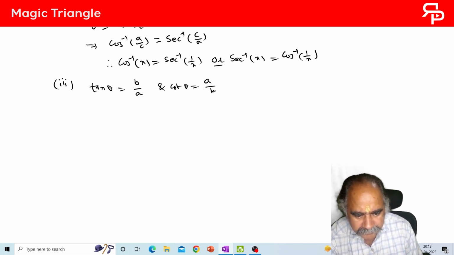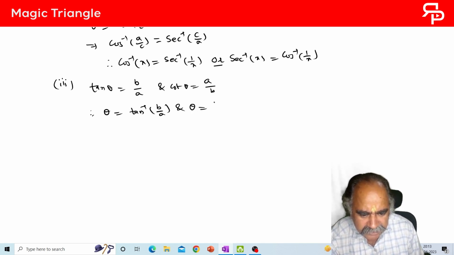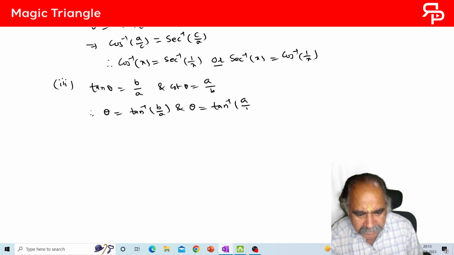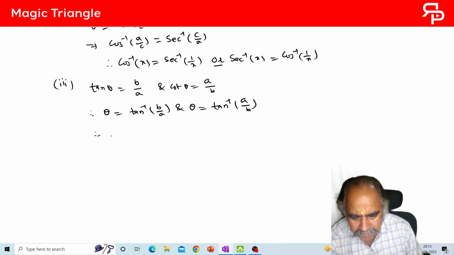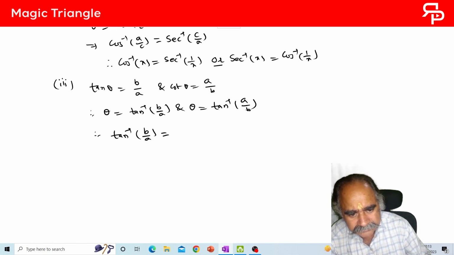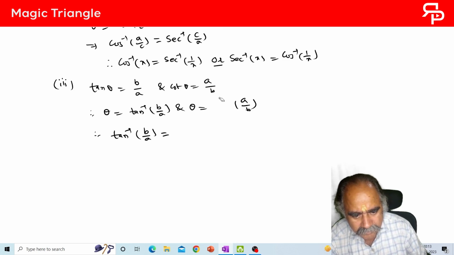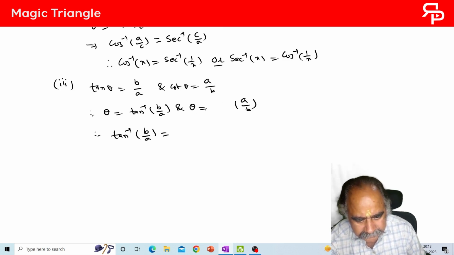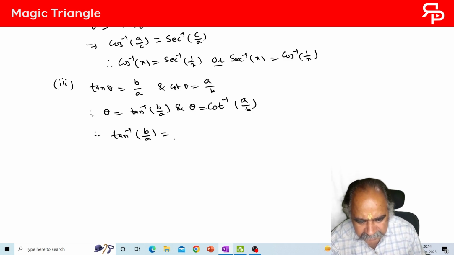A by B. Therefore, theta is equal to tan inverse B by A, and from here theta is cot inverse A by B. Both are theta, so tan inverse B by A is equal to cot inverse A by B.